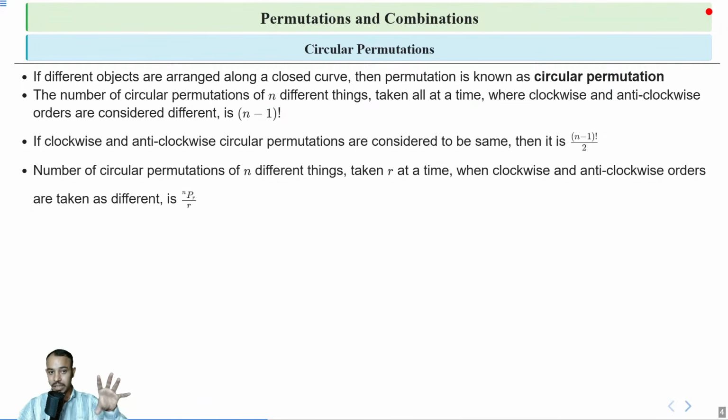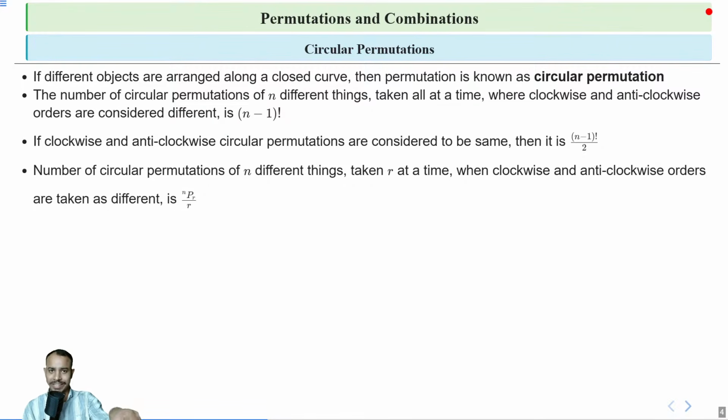But if you take r at a time from n different things, what is the number of circular permutations that we have to find? Here we have two cases. The first case is when clockwise and anti-clockwise orders are taken as different, and the second case is when clockwise and anti-clockwise orders are taken as the same.